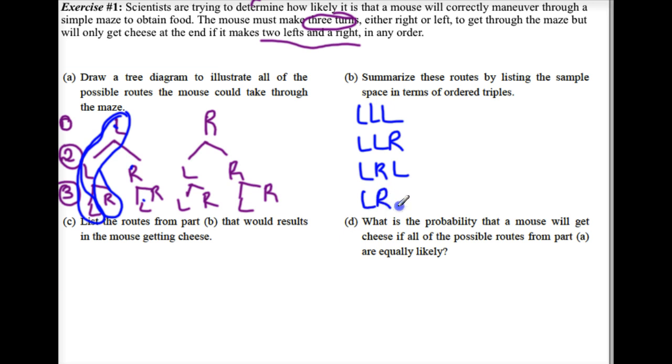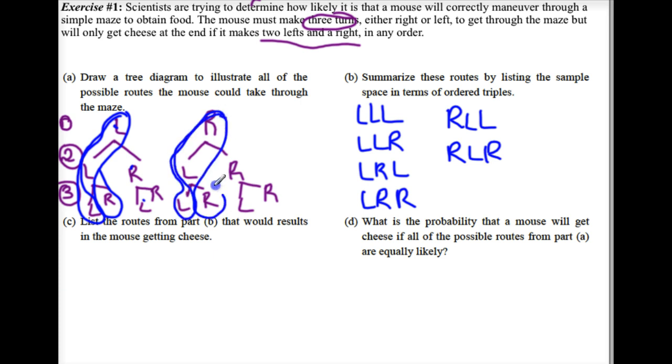All I'm doing is going through the different routes. Now looking at this here, he can go right, left, left, right, left, right. That's this right here or this right here. Then it can go right, right, left, right, right, right.